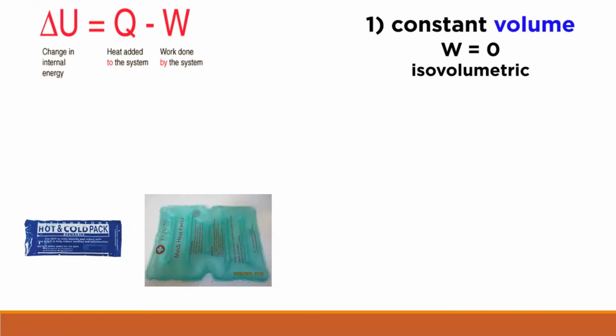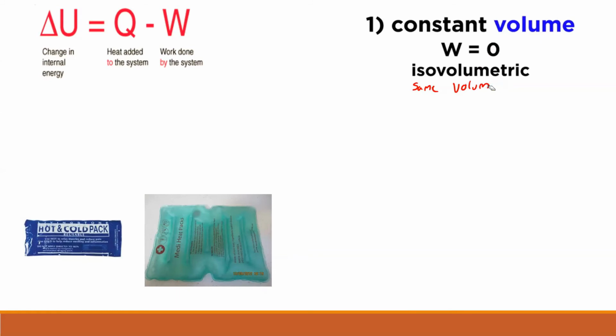And for constant volume, the word that we use is isovolumetric. Iso meaning same, and volumetric meaning volume. Constant volume means that there is no change in volume. There is no change in the amount of stuff.